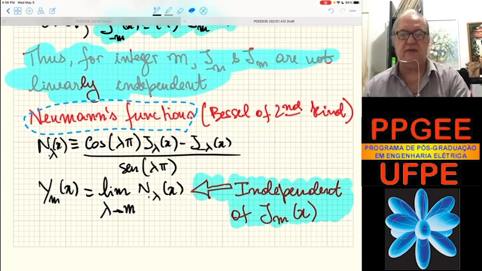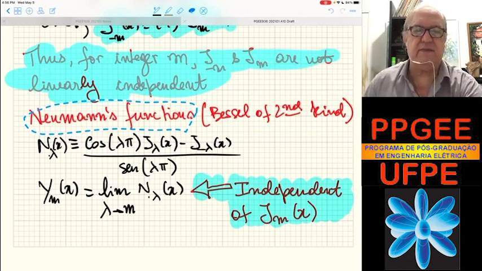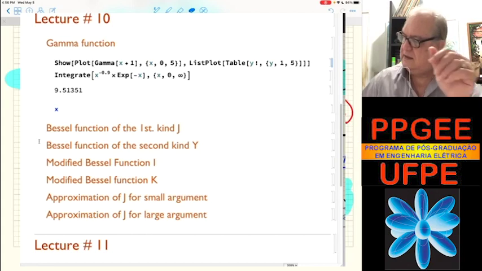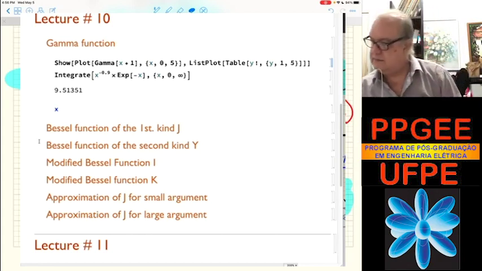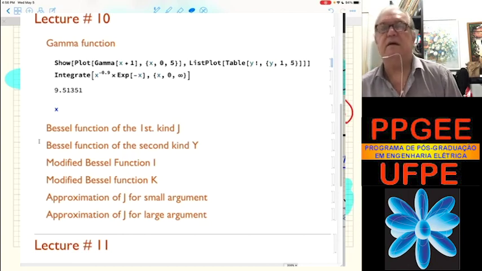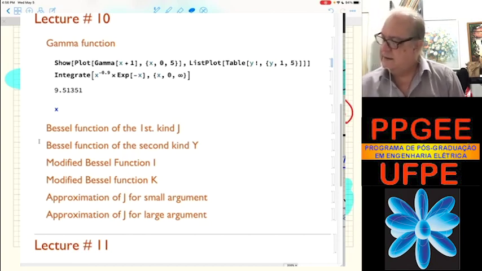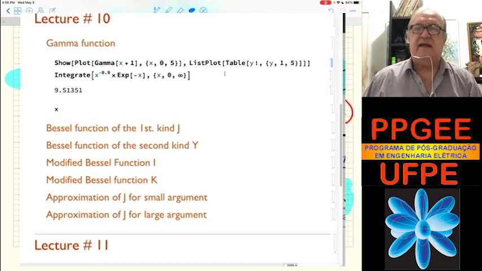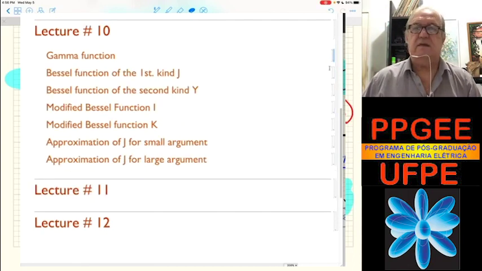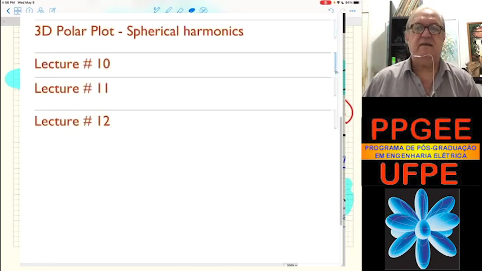So let me show you how these functions look. Let's start with the Bessel function of the first kind.